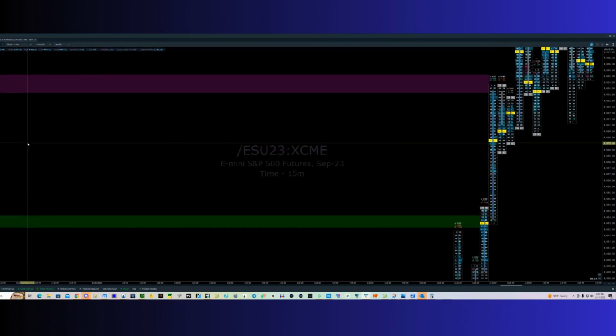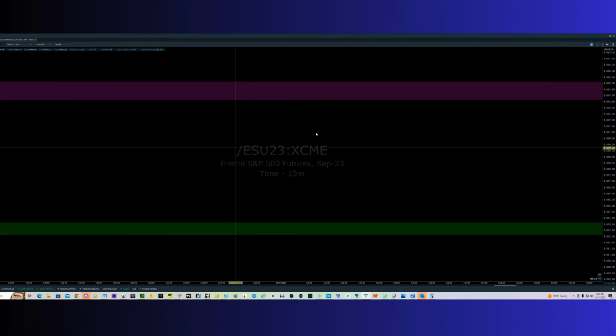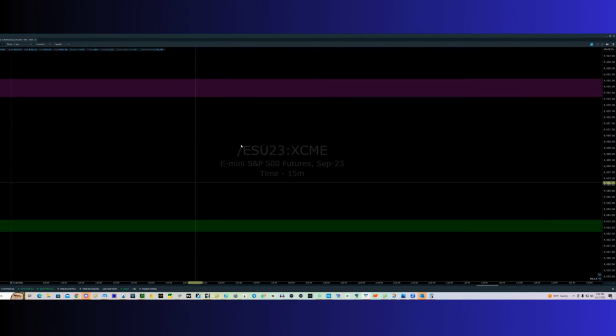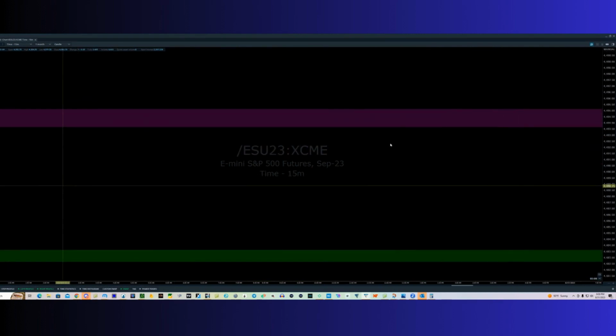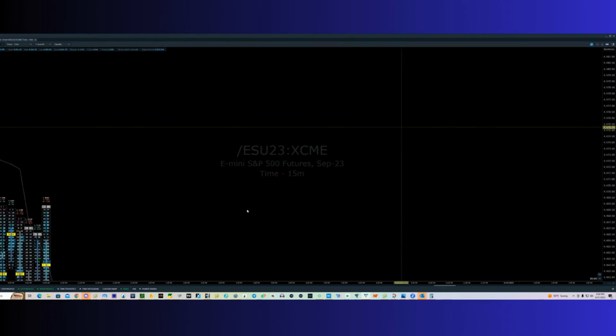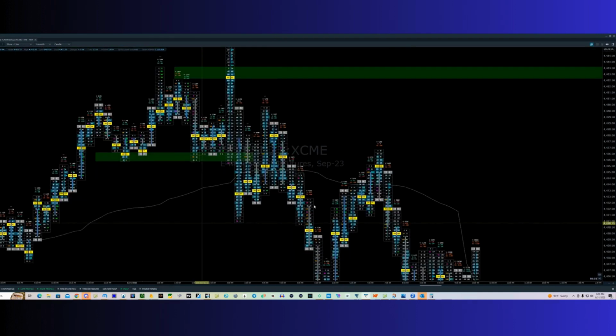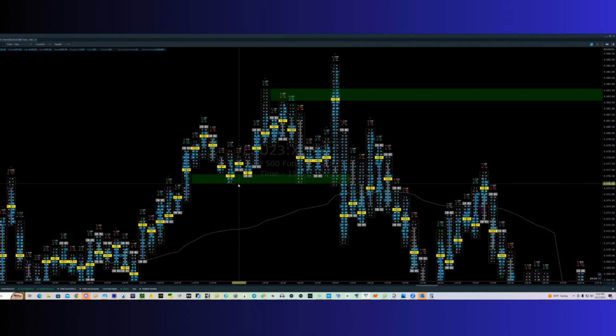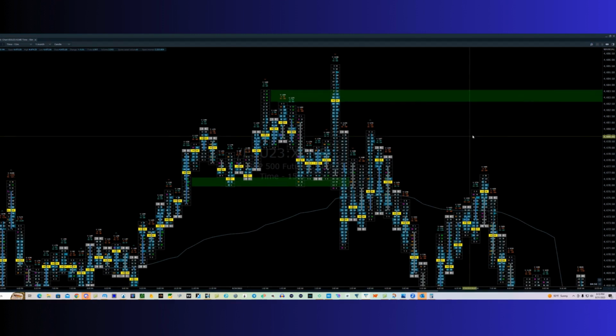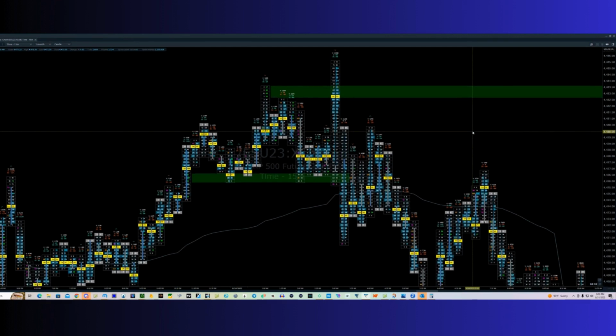Okay, so here's some good ones that printed previously, right? Jesus, this was a while ago if we're going back this far. Yeah, so here's some on ES, but I'll try to go through it and adjust some settings, and then see if I can come up with something that's going to be beneficial for you guys that trade ES, so you can get it and set it up as well.